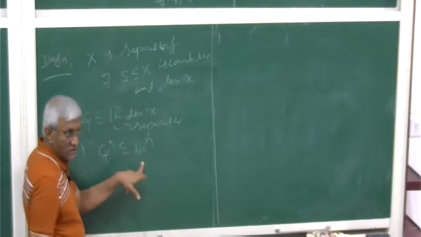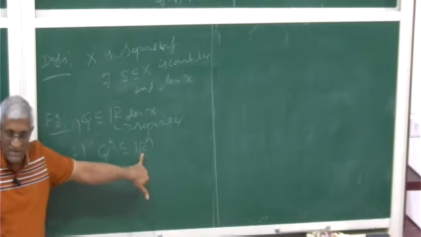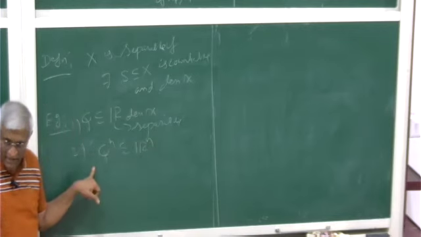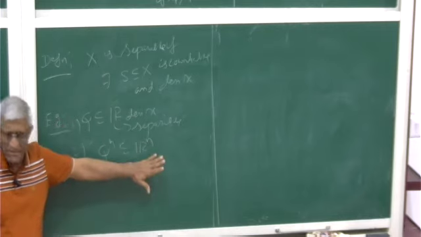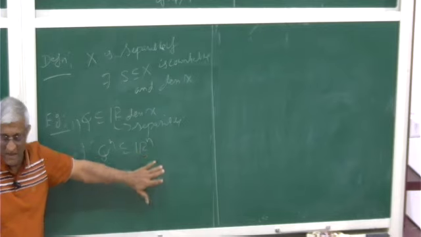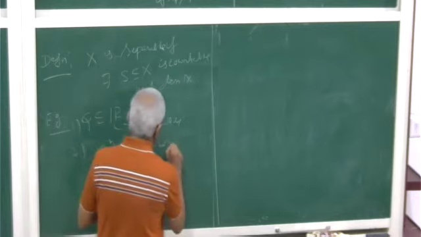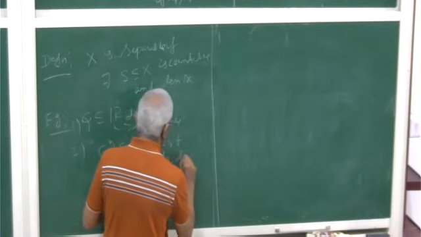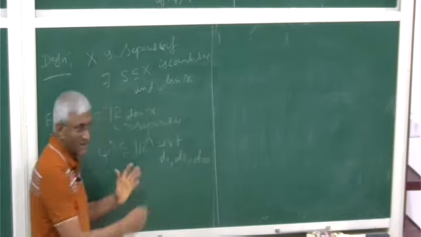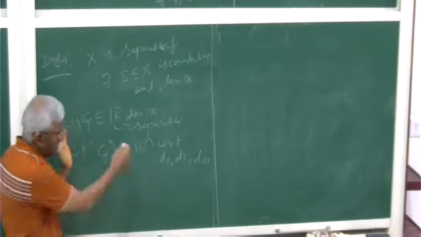This is countable and dense, because a sequence converges here if and only if it converges coordinate-wise. I mean with respect to the metrics we defined, D1, D2, D infinity, not the discrete metric. You can add Dp and other things. You can take any norm, that will work. So Qn contained in Rn, this is also separable.